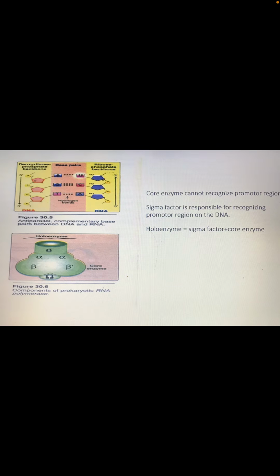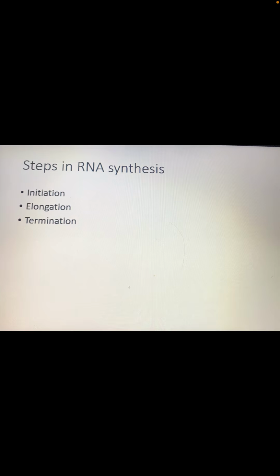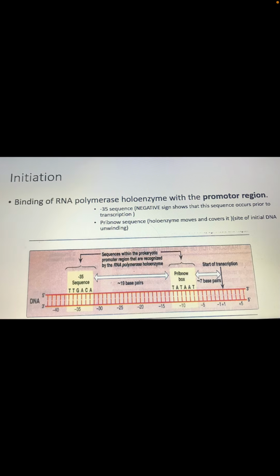This green one is the structure of RNA polymerase having a lot of components, and it is solely dependent upon the RNA polymerase to go and initiate the process of RNA synthesis in the first step, which is known as initiation. So, binding of RNA polymerase holoenzyme with the promoter region. RNA polymerase will only go and bind with the promoter regions.